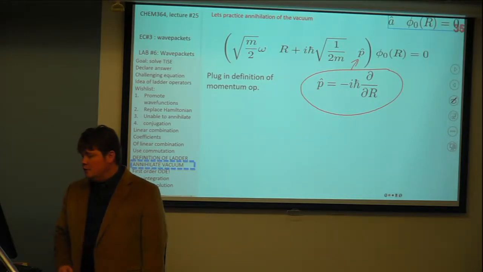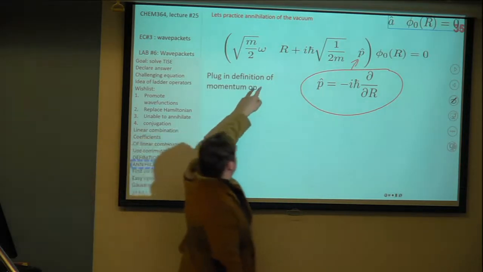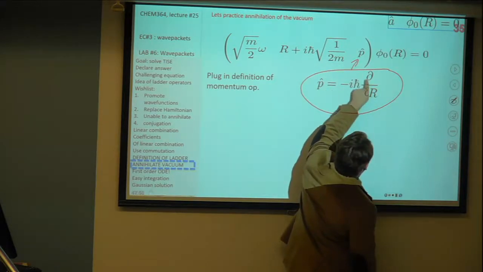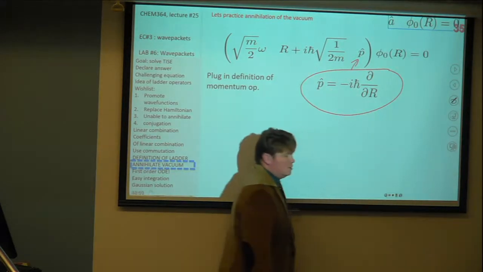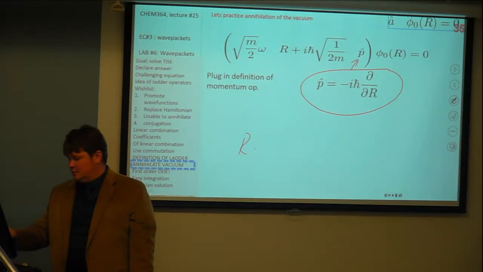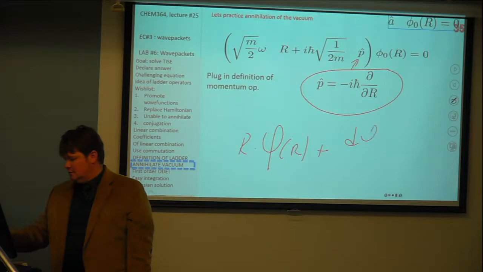And then we get an equation that has some coefficient times position, some coefficient times derivative, multiplied by the unknown function: r times the unknown function phi plus d phi dr equals 0.